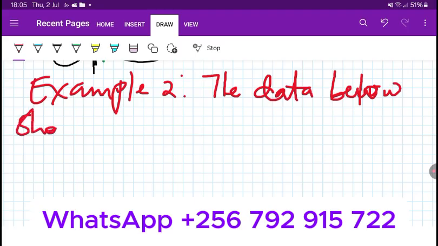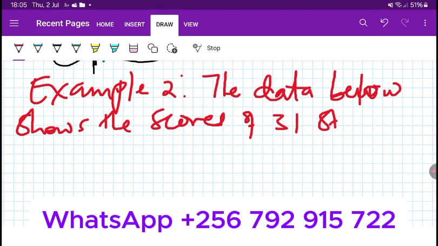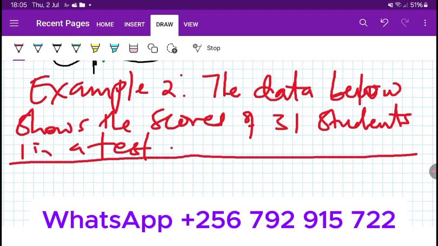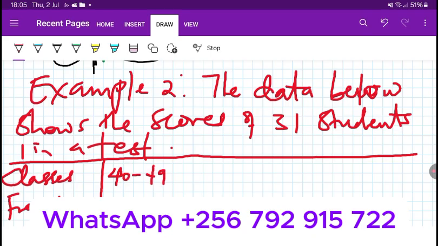The data below shows the scores of 31 students in a test. Then we can indicate the data set. We have the classes and then the frequency. We have a class of 40 to 49.